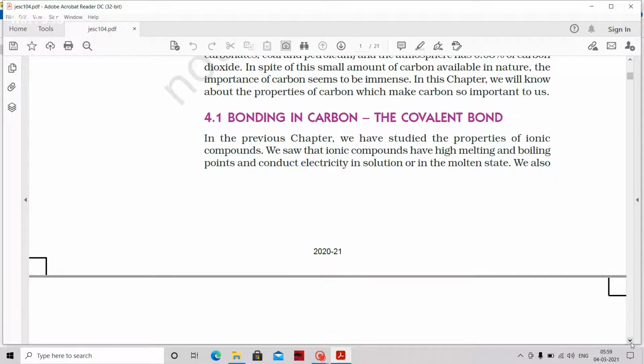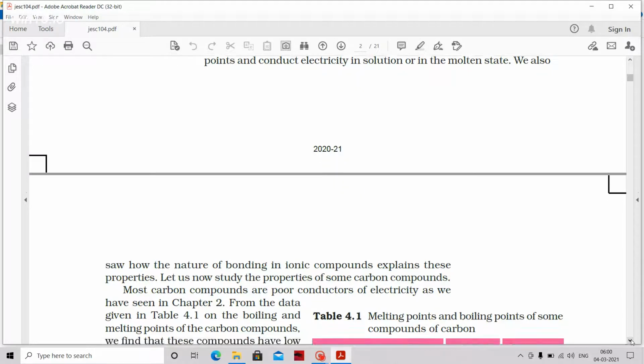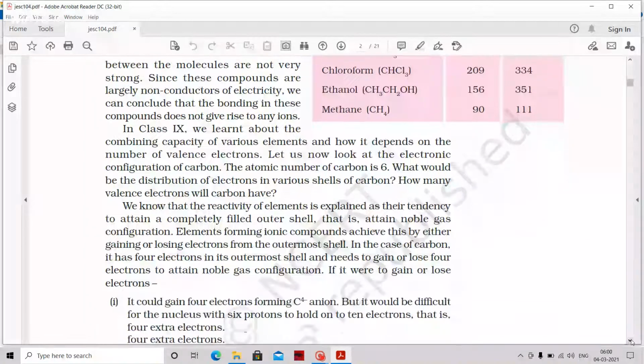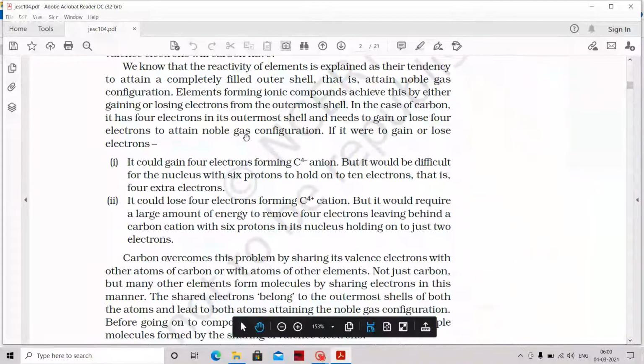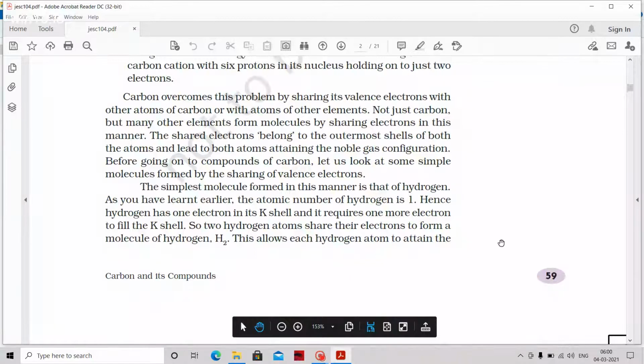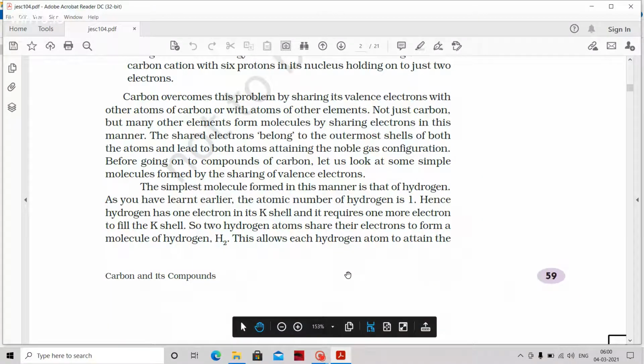We have seen C4- and C4+. That means by losing the valence electrons, carbon gets C4+. By gaining 4 electrons, it gets C4-, but both are unstable. So carbon overcomes this by sharing electrons with other atoms, maybe the same carbon atom or another atom. That bond we call a covalent bond.